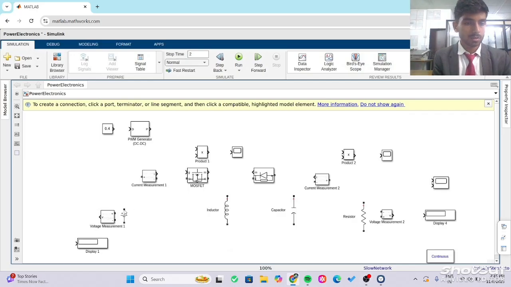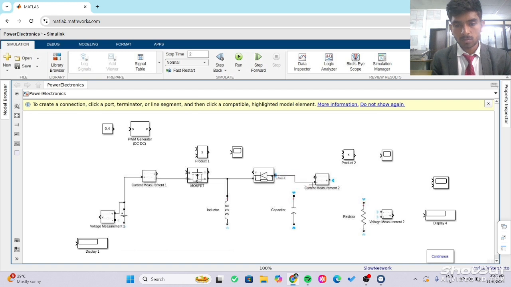Now we are doing the connections of the simulation. First we connect the current measurement in series with the switch and voltage source. After this, we connect the voltmeter in parallel with the DC voltage source. The MOSFET is connected to the diode, and the inductor is in parallel with the MOSFET and diode.